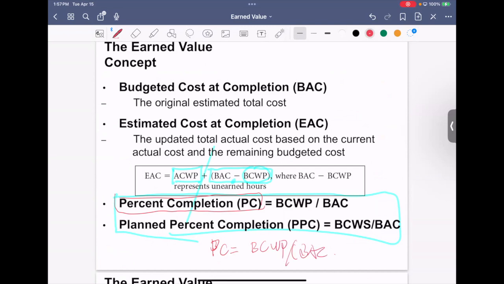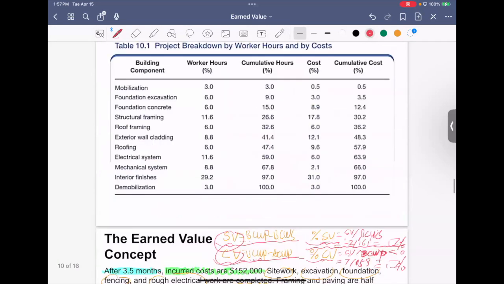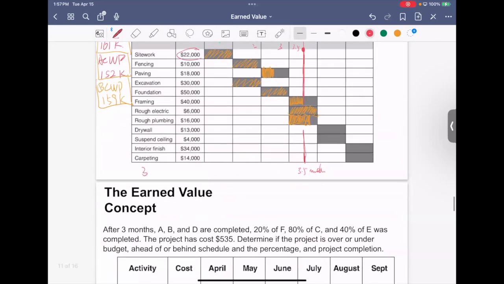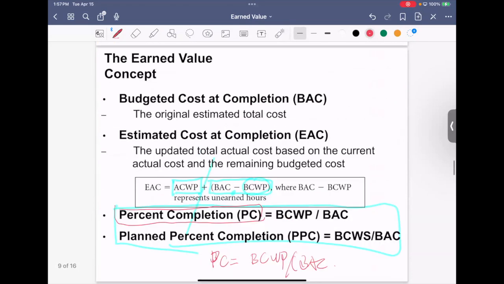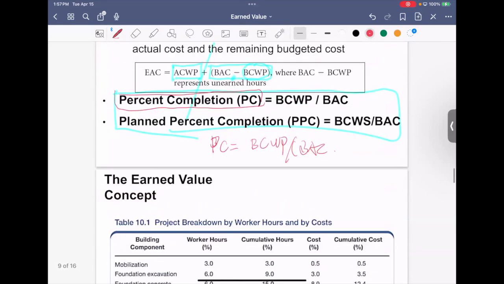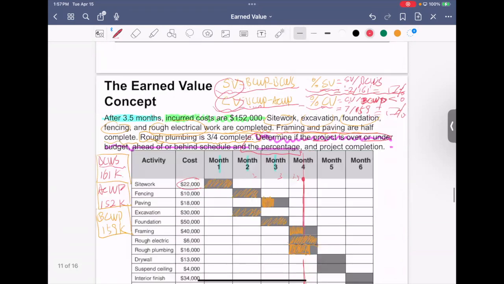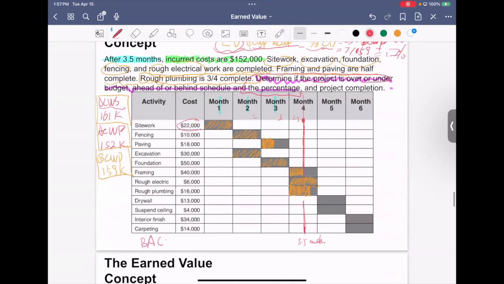How to get your BAC? Your BAC is here. Budget cost computation. BAC is equal to all those together.